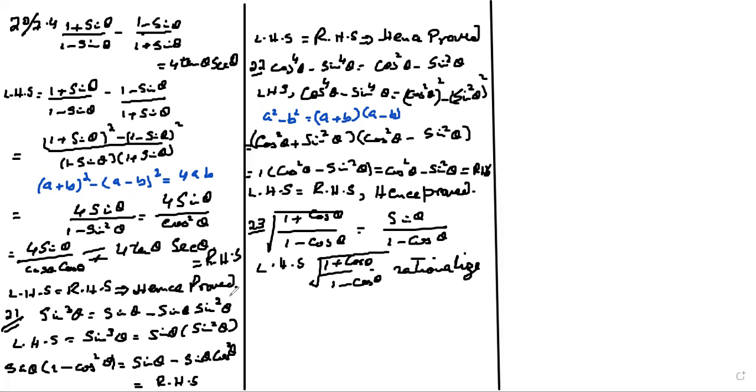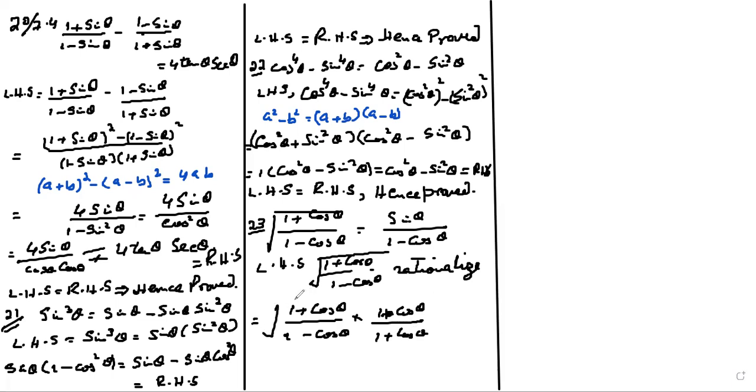Okay, so we have (1 plus cosine theta) over (1 minus cosine theta) into (1 plus cosine theta) over (1 plus cosine theta).